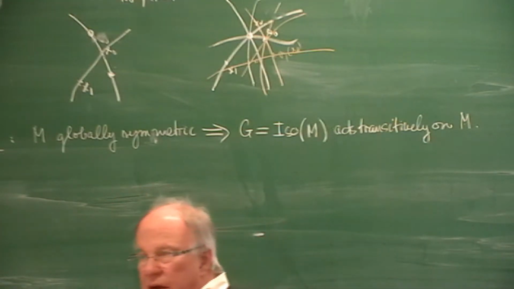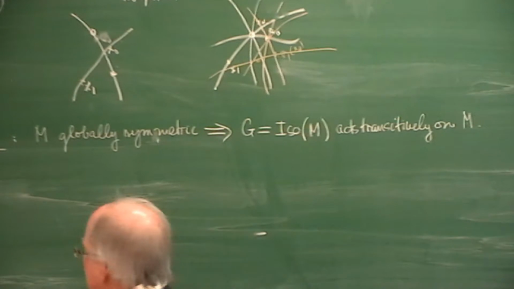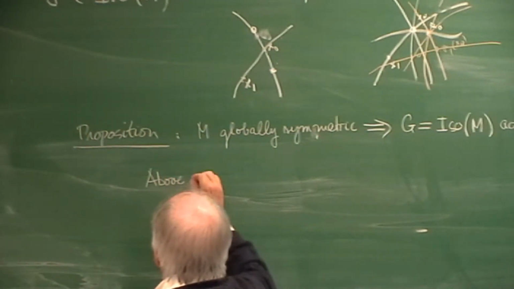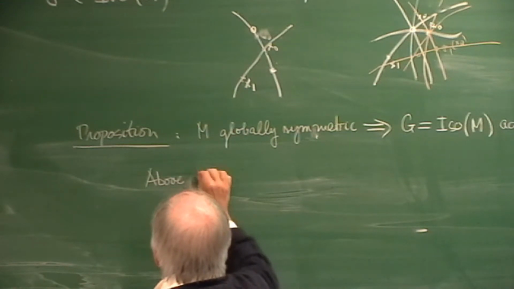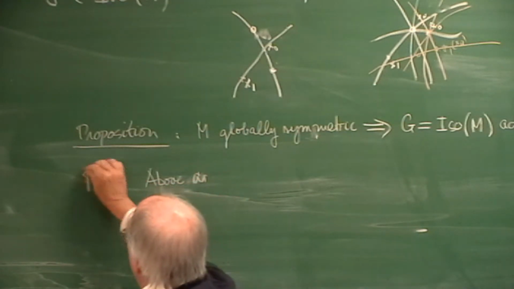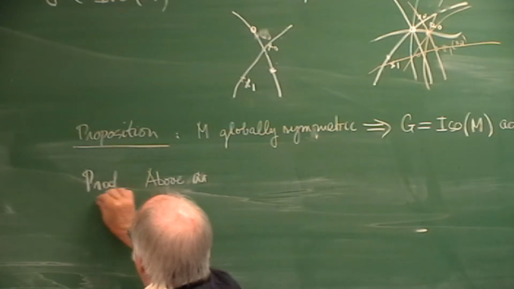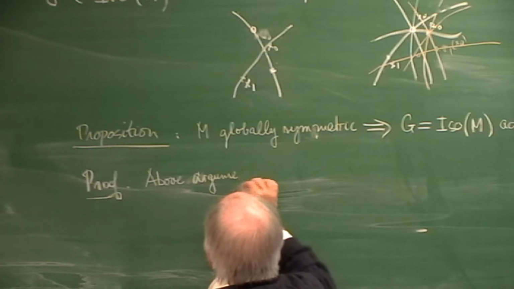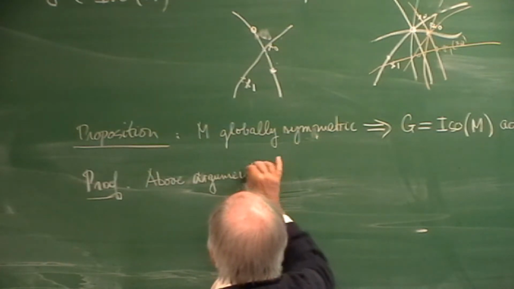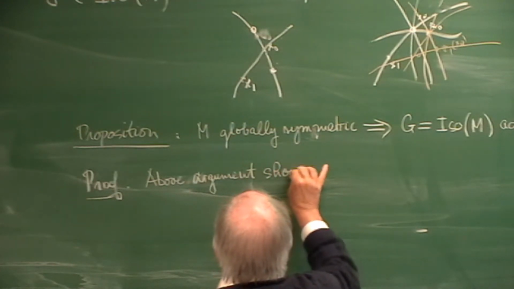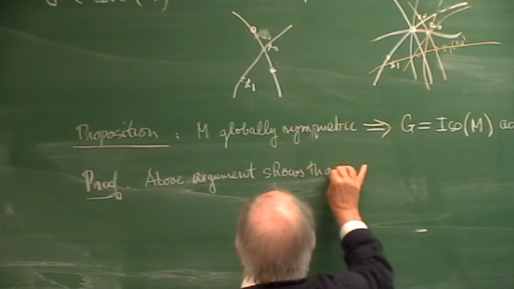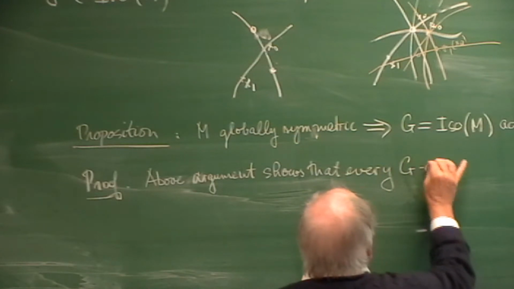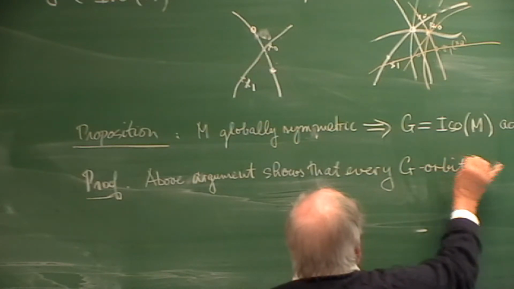So above, in this argument where I asked Colin if he buys this argument, the above argument, so proof. The above argument shows that every G orbit, whatever this thing is, is open.